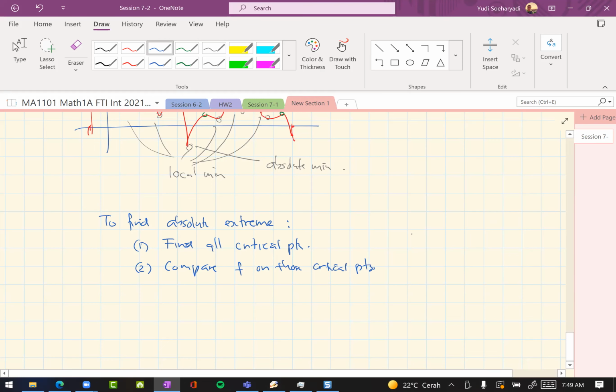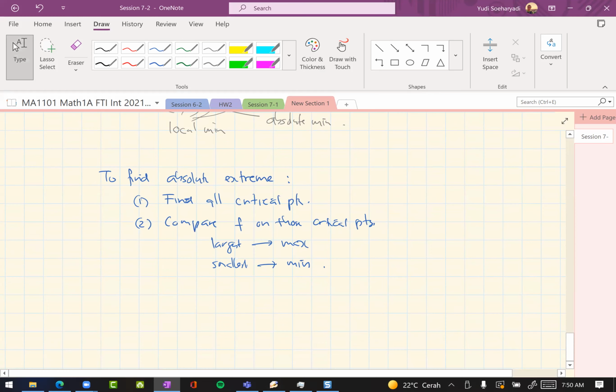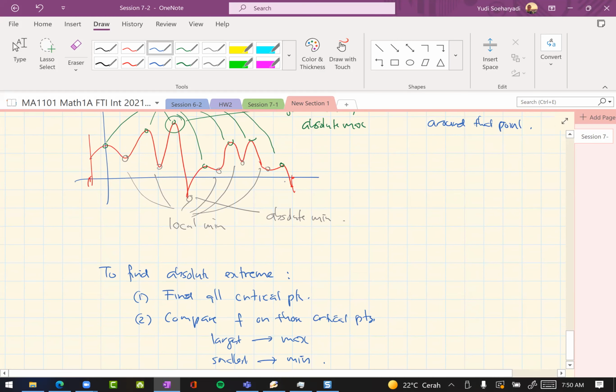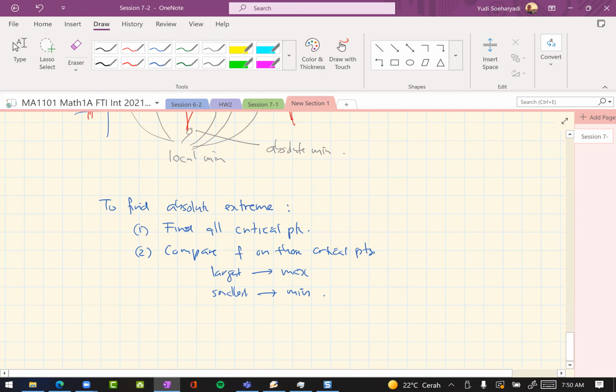The largest would be the max, the smallest, the lowest would be min. Okay? So then how to find absolute extreme, including the endpoints. Okay, we'll do some more examples.